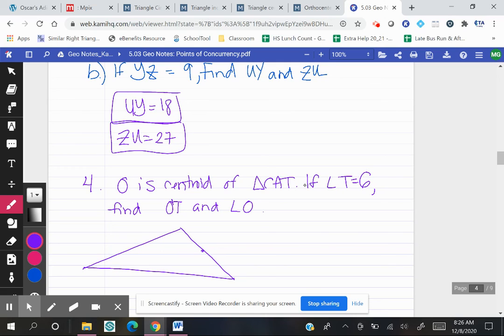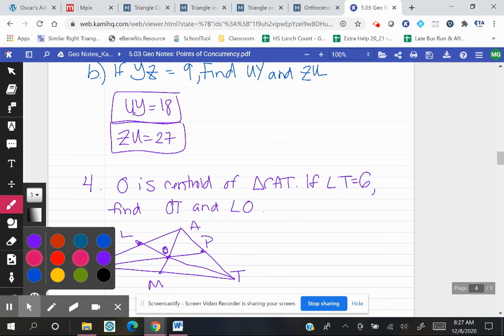And here's your picture. So O is the centroid, triangle CAT, L, P, and M. Okay, pause the video and solve this one.